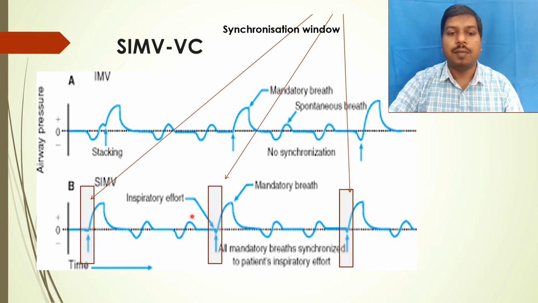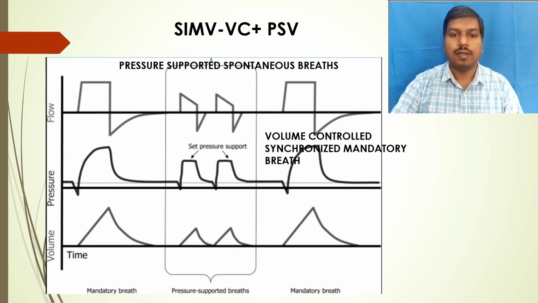But the problem is that the breath taken by the patient in between the mandatory breaths are not assisted. So there is chance of increased work of breathing for the patient for spontaneous breaths. So to avoid the increased work of breathing during the spontaneous breaths, if we can support the spontaneous breaths with a pressure support, that will reduce the work of breathing.